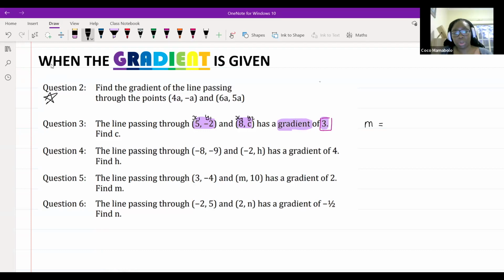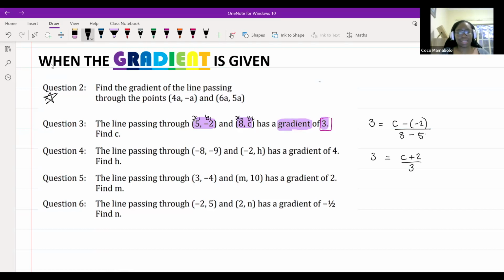Now, I'm going to replace the gradient with 3 because they've told me that the gradient is 3. So I'm just going to go 3 equals y2, which is c, minus y1, minus -2, divided by x2, which is 8 minus 5. All right, so now I've got 3 is equal to c plus 2 over 3.